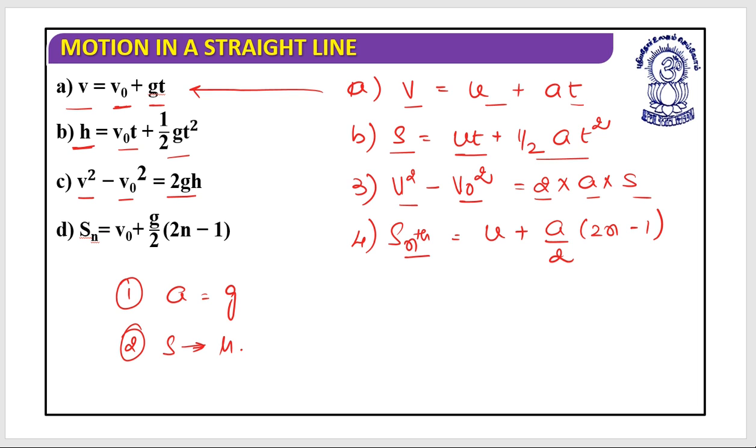The S of nth is equal to u plus a by 2 into 2n minus 1. You can write this as h or s, it doesn't make any difference. It is Sn is equal to v naught plus g by 2 into bracket 2n minus 1.